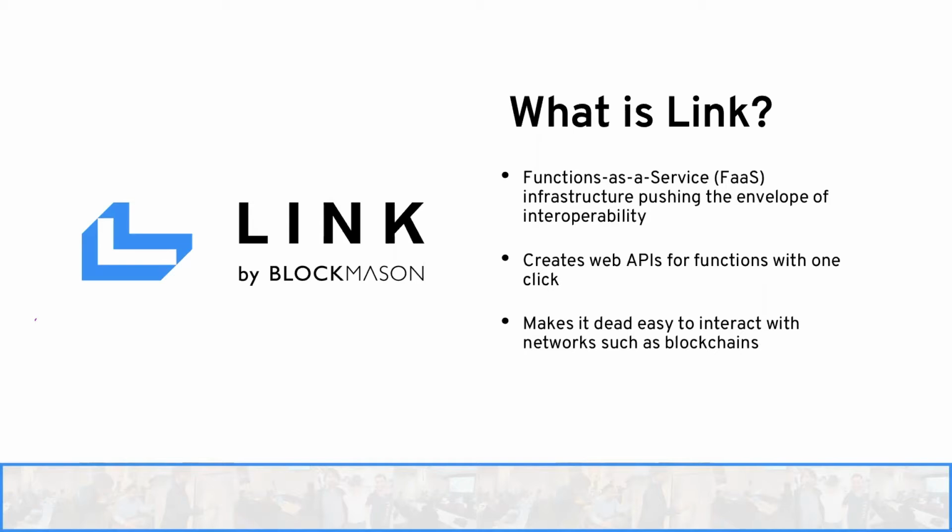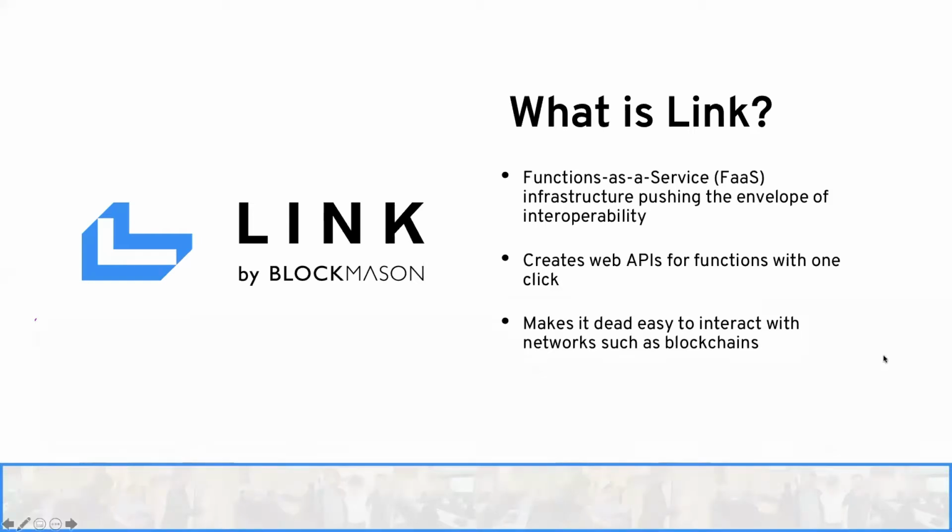Link does this by creating conventional web APIs for developers to interact with networks such as blockchains, with the goal of empowering developers to focus on creative, innovative projects, and getting those projects to market as quickly as possible. And so we see Link being able to open up an entire new population of users and clients to the growing world of decentralized applications, and effectively expanding beyond this pool of early adopters.